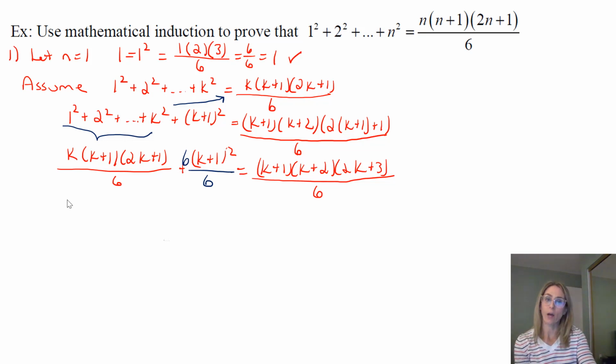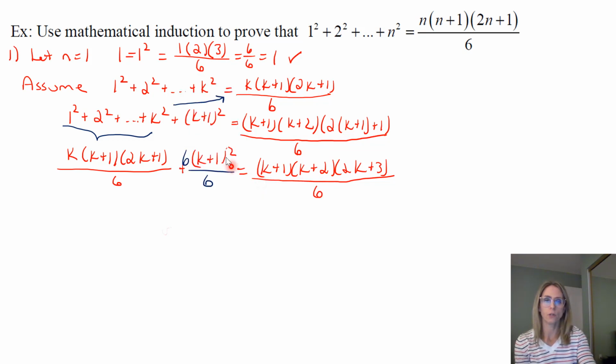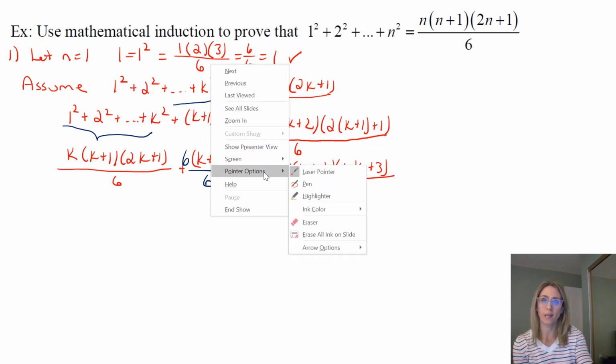So hopefully by now you're going to let me do some factoring right away, because when we add these two terms right here, we're going to see that we have a k plus 1 common factor. So that's great. I'm actually going to just pull that out. It's just due to spacing.